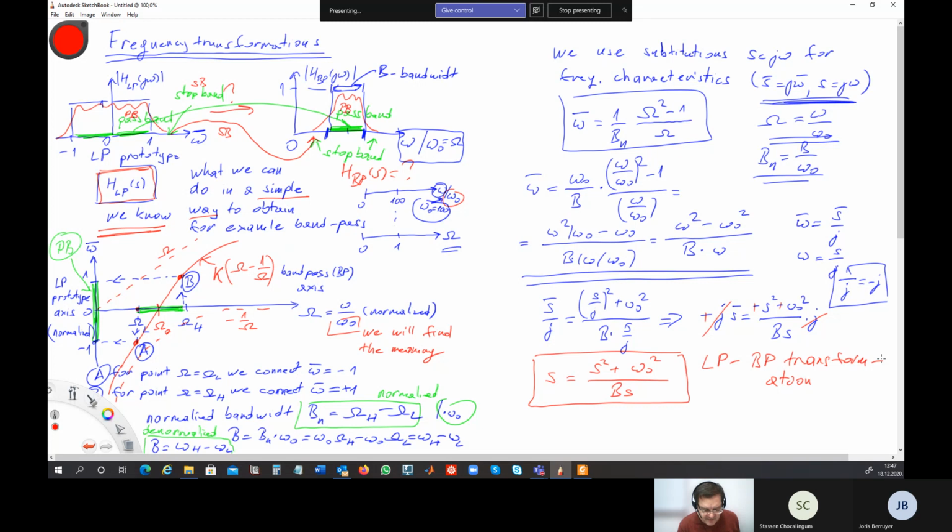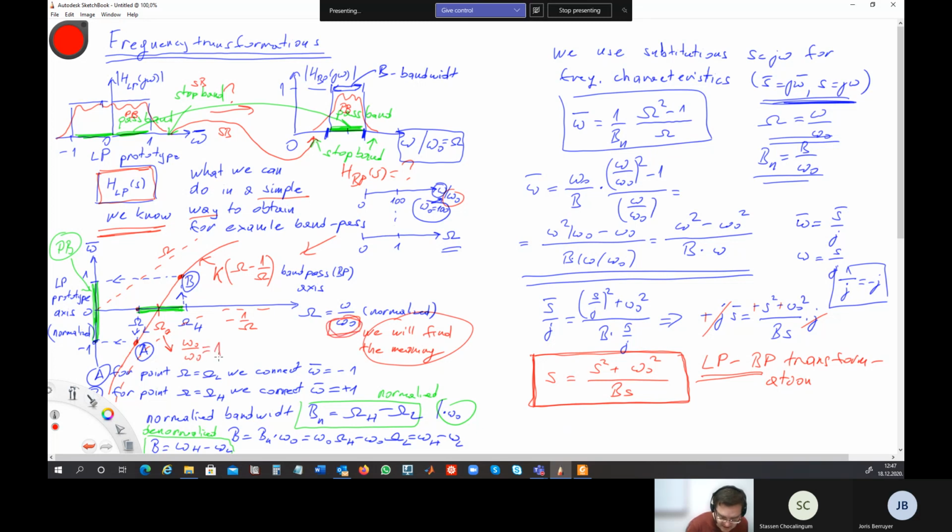Now you see, we started from this picture here, and we obtained, after long calculation, this expression. So look, it's not quite simple. You see in the book this equation, this is called low pass to band pass transformation, and you don't know how it is derived. Now we have derived it. And we will find the meaning of omega 0. Of course, omega 0 is here. This is omega 0 over omega 0 if it is normalized.